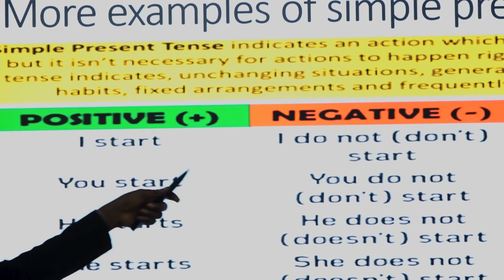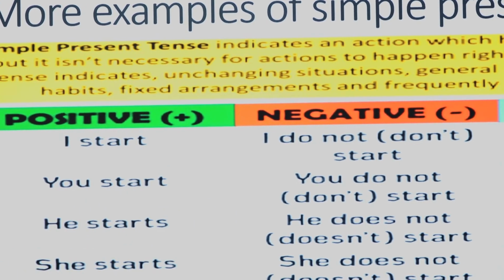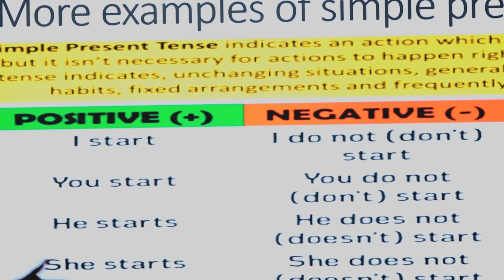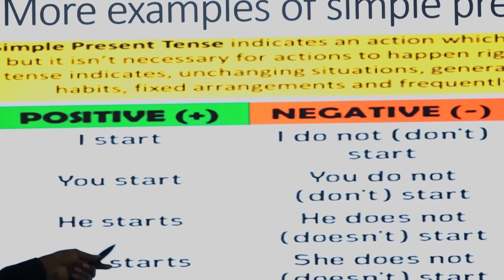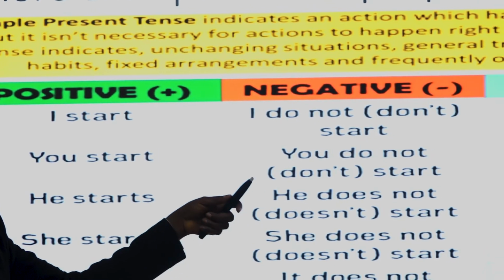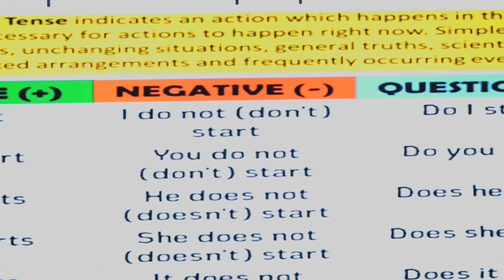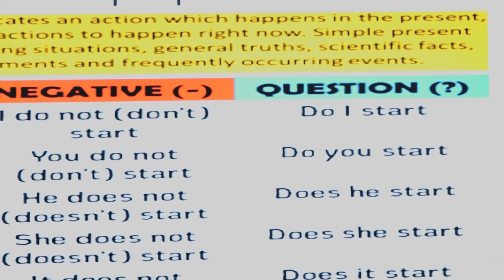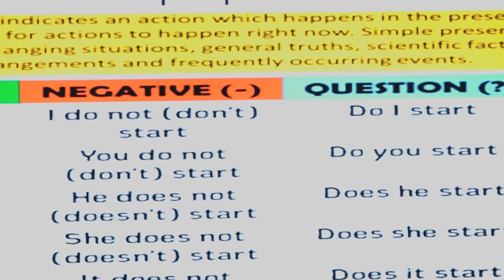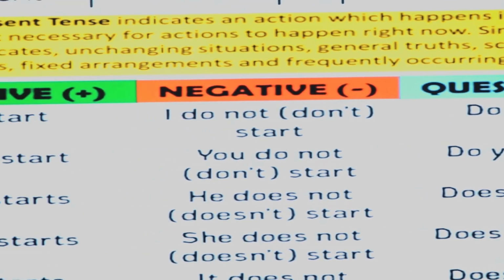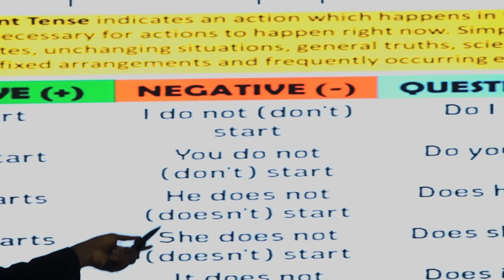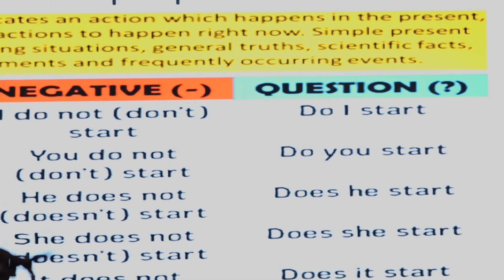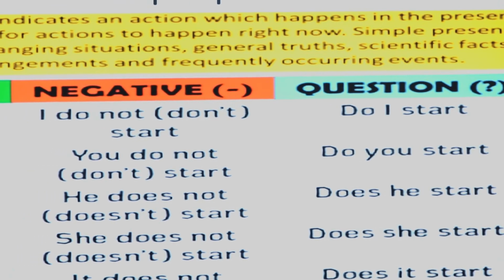You can see that when we use do, we are talking about plural. But when we use does, we are talking about a singular. He starts, he does not or doesn't start. Does he start? You see, we use does because it's singular. She starts, she does not or doesn't start. Does she start?